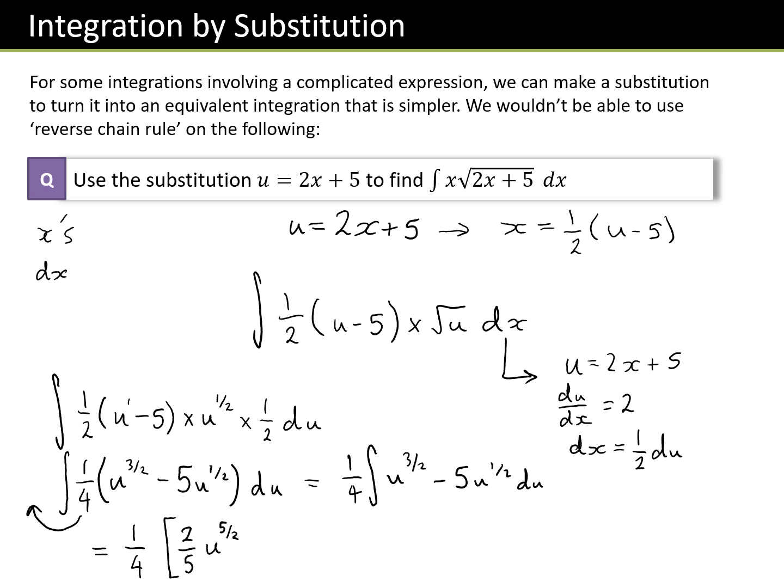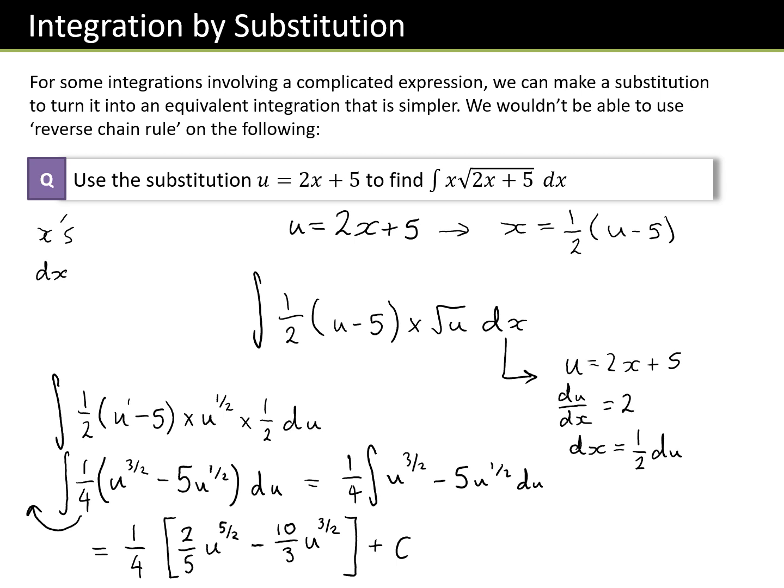Same idea here. So it's minus, increase a half by 1, you get 3 over 2. Divide 5 by 3 over 2. So it's 10 over 3. Let me just double check that. Yep. And then u, increase the power by 1, 3 over 2. Close the brackets, stick the c on the end.